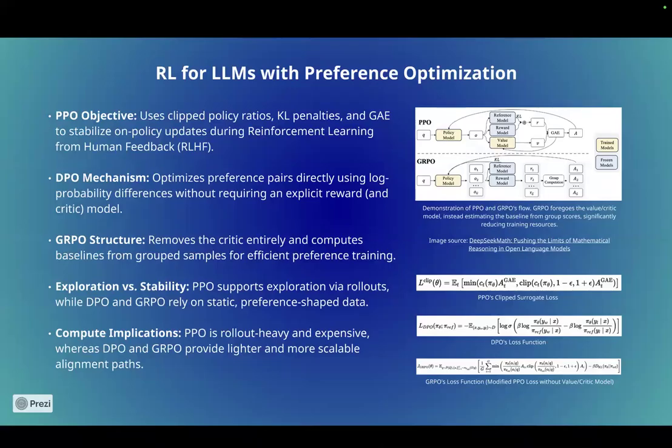One of the key motivations of GRPO is that it still uses RL. The biggest motivation here is that RL was found to be better performing. There are papers that established that DPO, even though it didn't use RL and was way more simplistic, wasn't as performant as PPO. So GRPO is actually based on PPO and not DPO. It still uses RL, but it gets rid of the critic entirely.